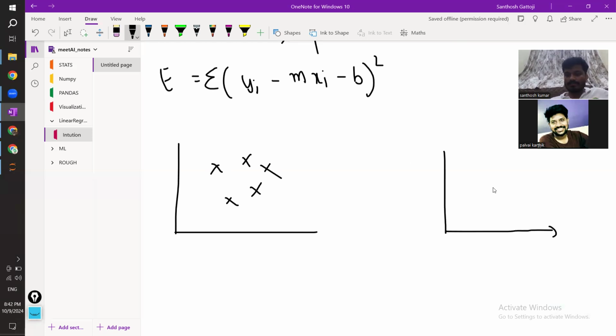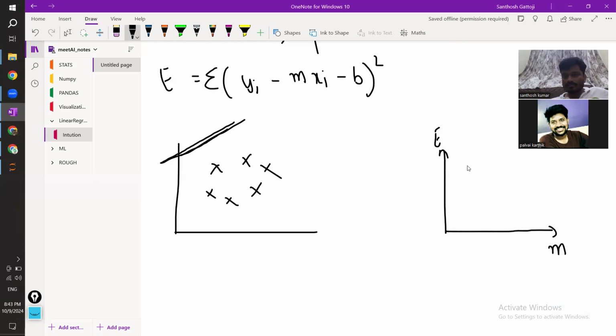This is my error value, this is my m value, this is my data point. Now some random line I'm taking.